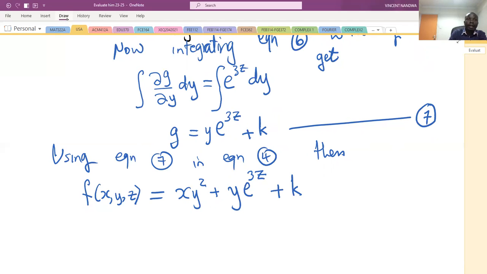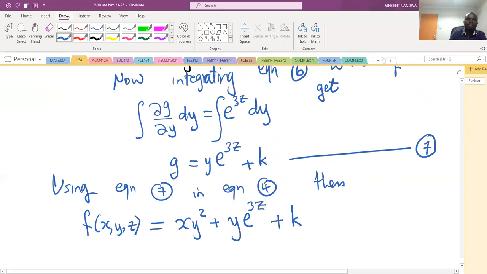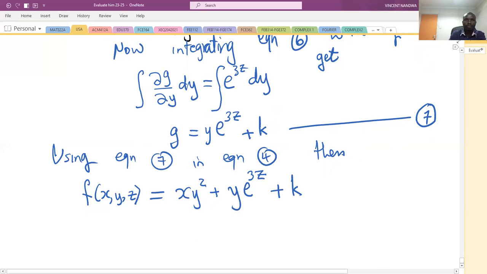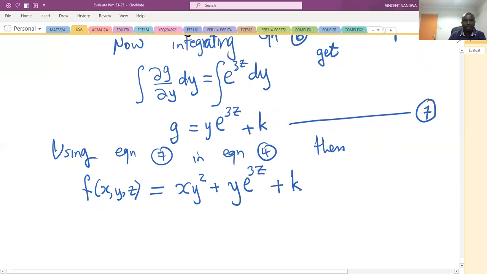And then the last example on this same problem involving finding of a potential function.